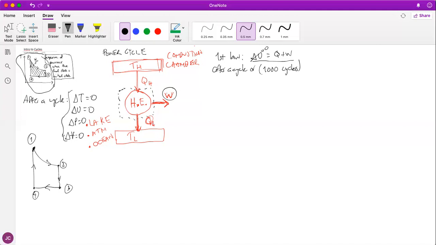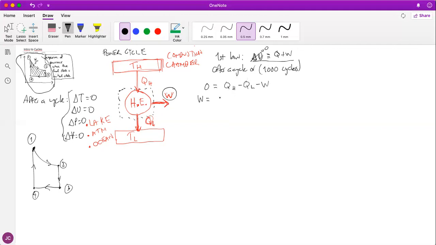So we want to analyze what has happened after a cycle. Well, you see that this delta U equals 0, but Q plus W stays. So let's just analyze that. 0 equals Q, but there are two Q's here. One that goes in, that's positive, minus one that goes out, which is the QL, minus the W, which is also getting out from the heat engine. Therefore, I'm going to do some algebra, really complicated algebra.